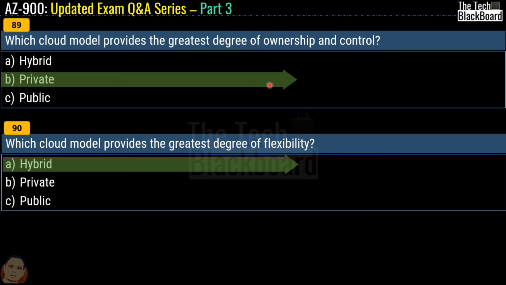Please mind the difference between both questions. In question number 89, we were talking about the greatest degree of ownership and control. However, in question number 90, we are talking about the greatest degree of flexibility, and that's why we have chosen hybrid cloud. Hybrid cloud is a combination of both public and private cloud, and that's why it offers a greater degree of flexibility.